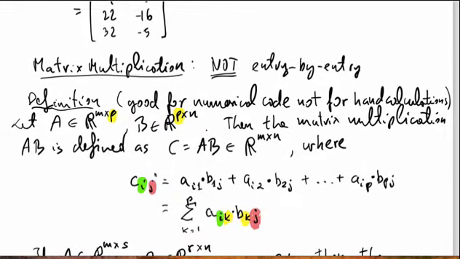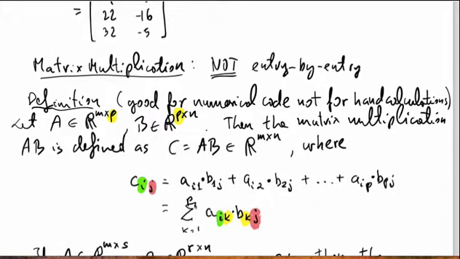And the ij entry in this product matrix is the sum of the following products: A_i1 times B_1j plus A_i2 times B_2j plus, and so on, A_iP times B_Pj.